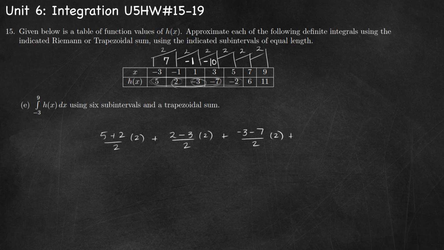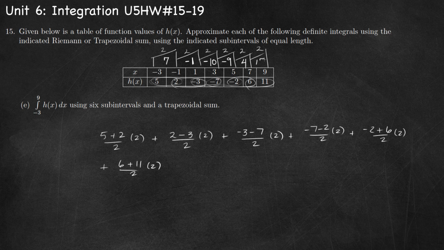And the next one, we're averaging negative 7 and negative 2, and then multiplying by the width, that's going to give me negative 9. The next one, we're averaging negative 2 and 6, multiply by the width, that gives me 4. And my last one, we're averaging 6 and 11, multiplying by the width, and that one is going to give me 17.